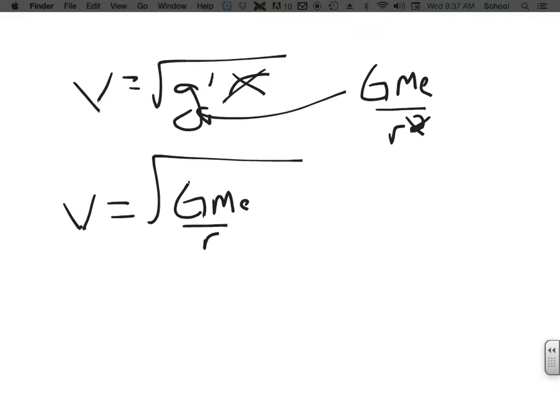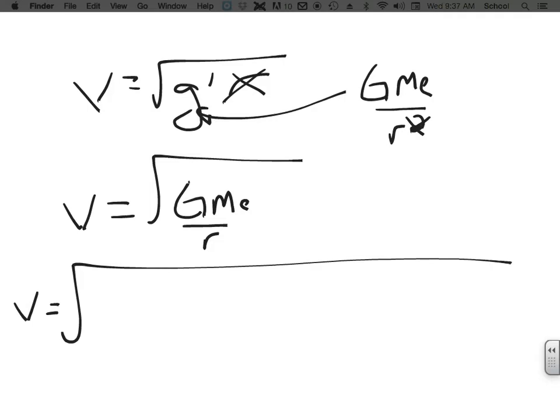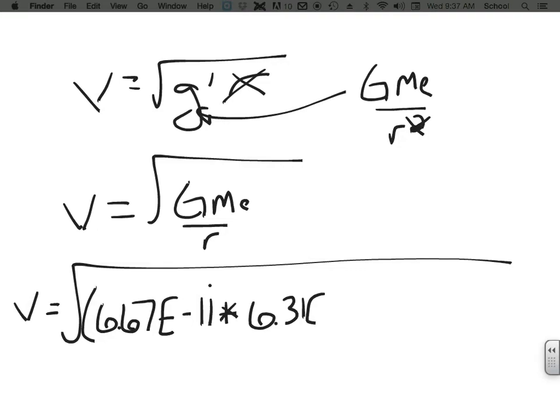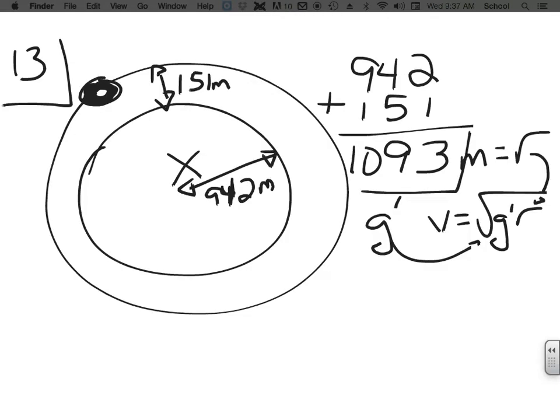So this whole thing is going to be underneath the radical. So the v is going to equal square root, it'll open up a parentheses, you will stick in 6.67 exponent negative 11, and then we'll have times the mass of the Earth, which again was 6.31 exponent 16, and then we're going to divide by our new radius, which again we figured out earlier was 1093.